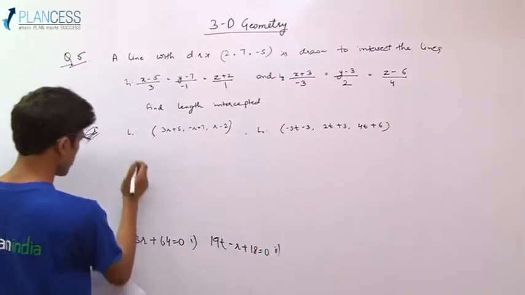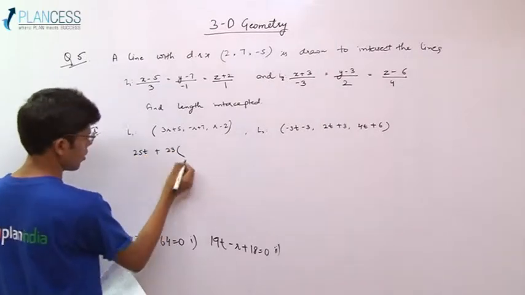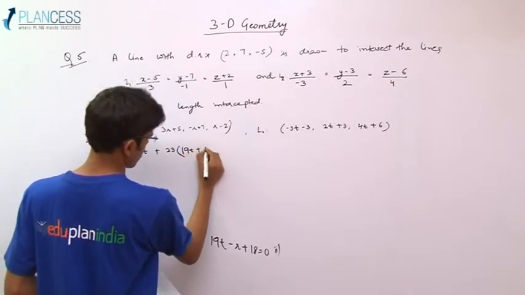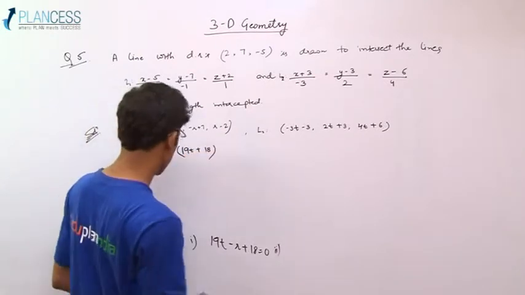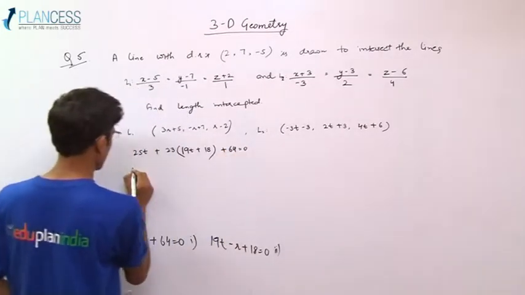Now let's solve them. It's 25t plus 23 times (19t plus 18) plus 64 is 0.